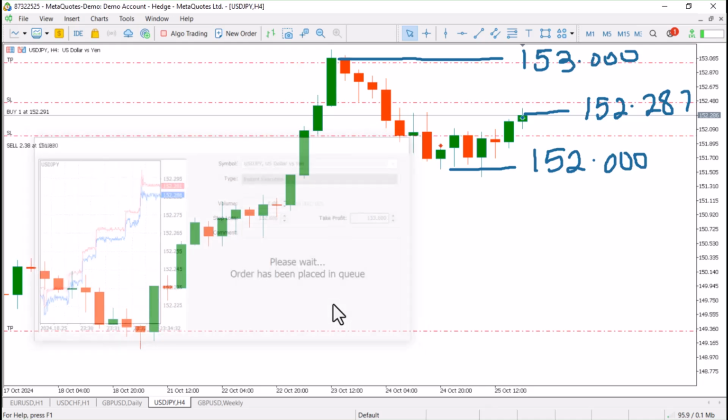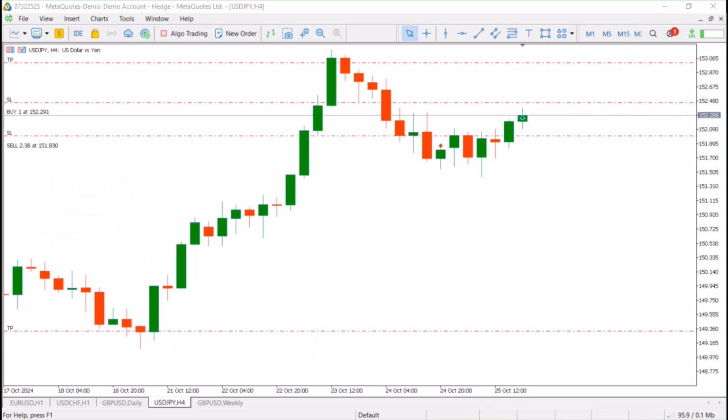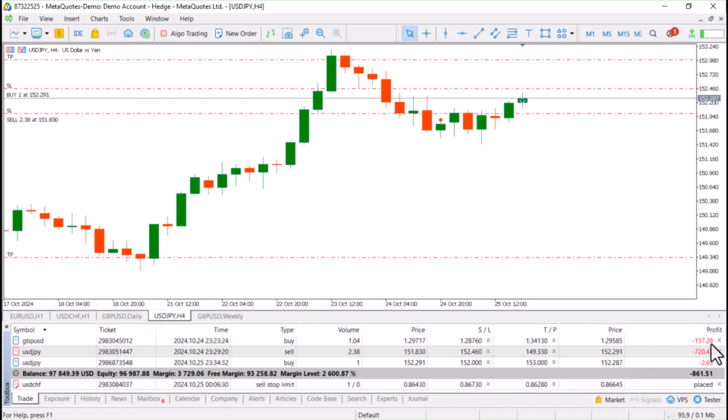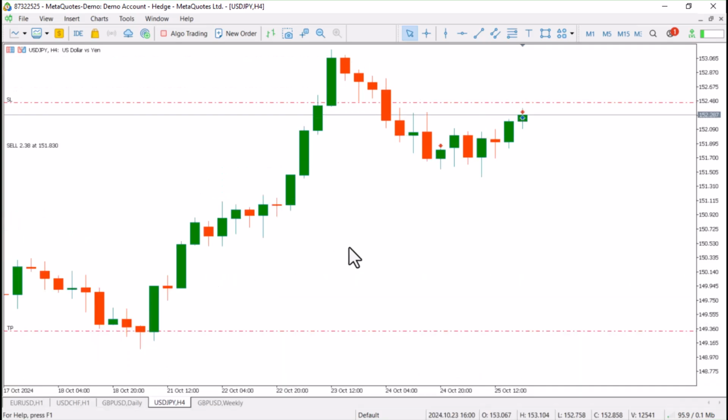Clicking on our buy right now, you can see our order has been filled. You can see our entry, our stop loss, and our TP. All right. So this is how we initiate buy and sell instant executions in the market. So right now we have our orders being filled in the market.